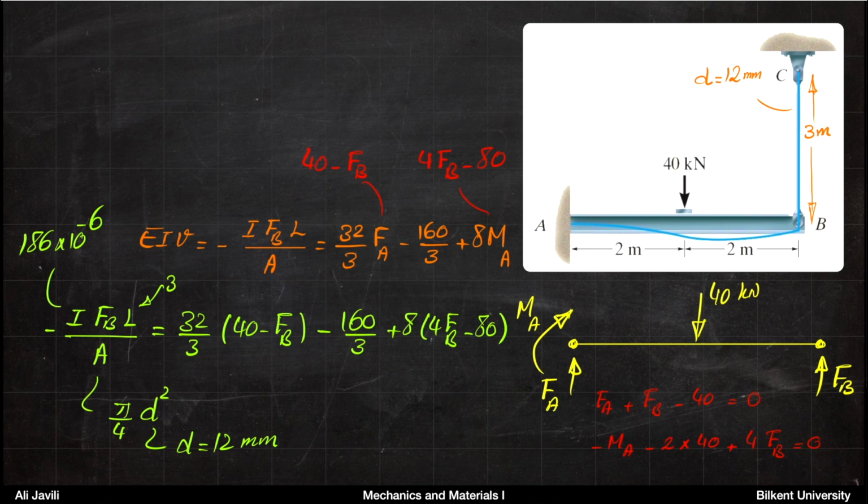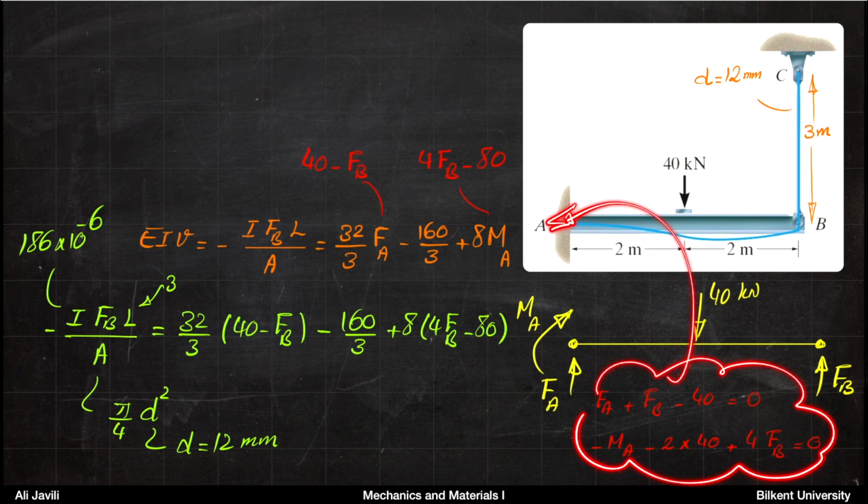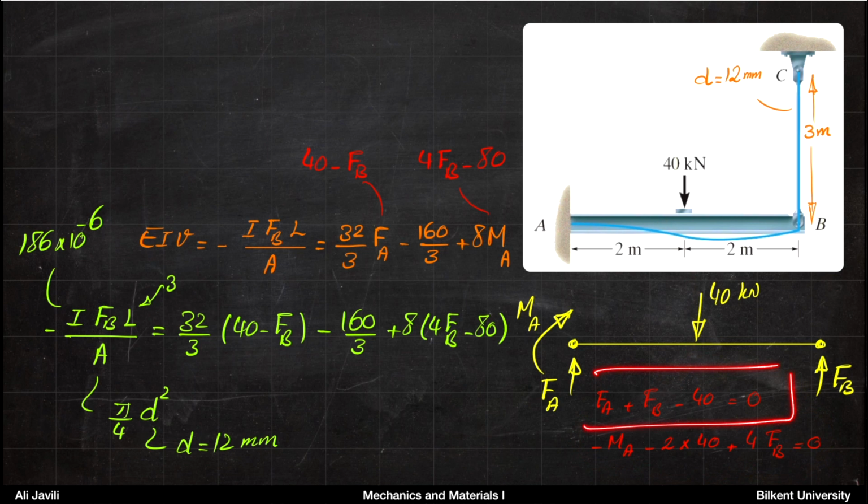So all you have to do then is to insert the red equations into the orange equation, or at least we can start with the balance of forces. You can see from that equation that FA is 40 minus FB, and from the other equation you can see that MA is 4FB minus 80.